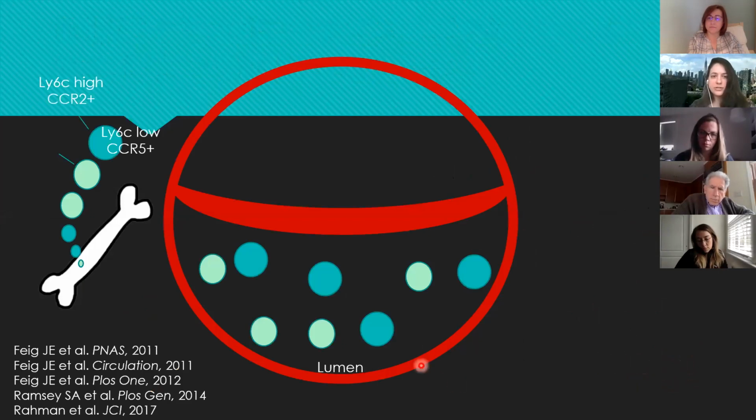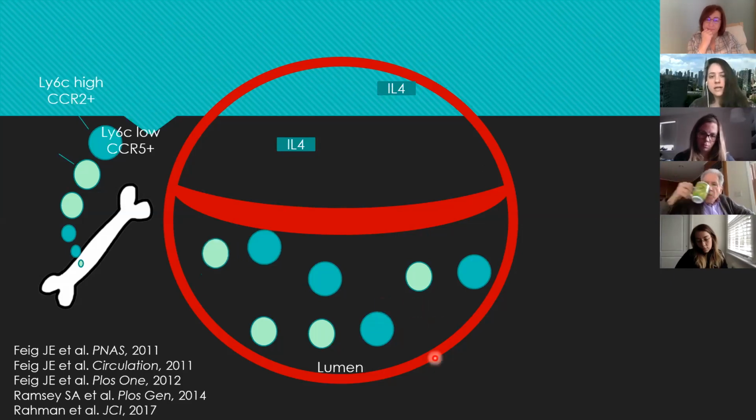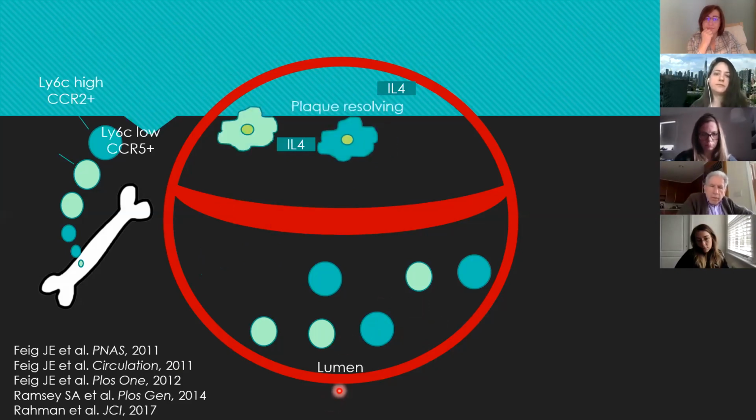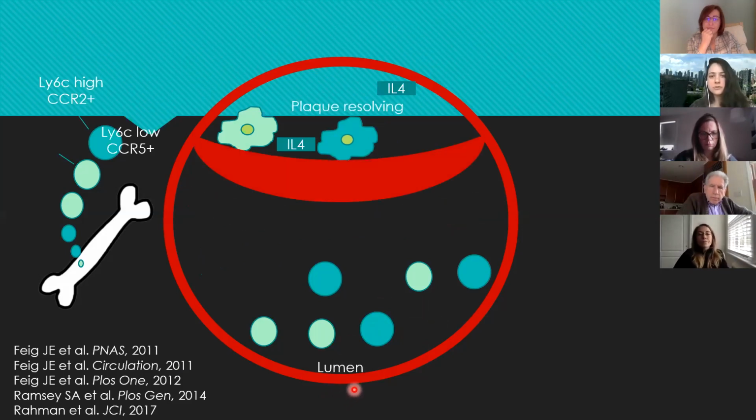So to summarize what I showed you so far, I showed you that in progressing plaques, there's accumulation of IL-4 and IL-4 producing cells. And then after cholesterol reduction, when monocytes come in and become plaque macrophages, they become pro-resolving plaque macrophages. And that is through activation of STAT6 in these newly recruited cells.